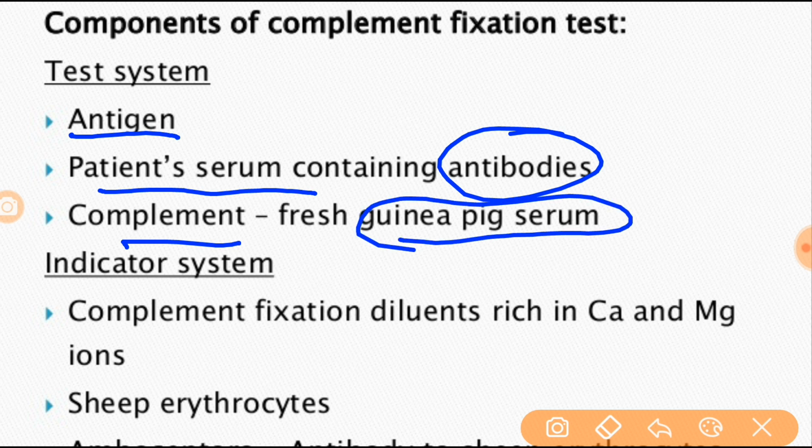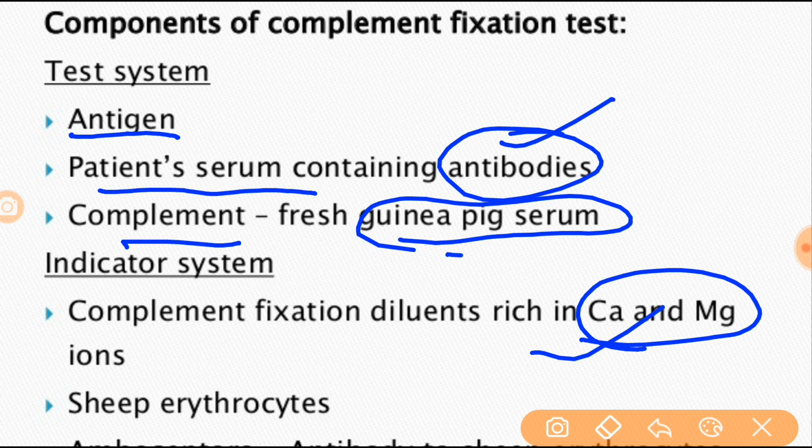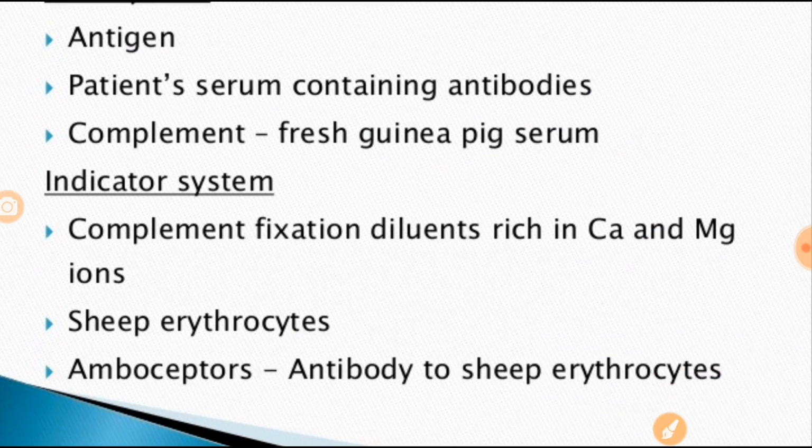The indicator system is complement fixation diluent rich in calcium and magnesium, question asked, and sheep erythrocytes, and amboceptor, that means antibody to sheep erythrocytes.